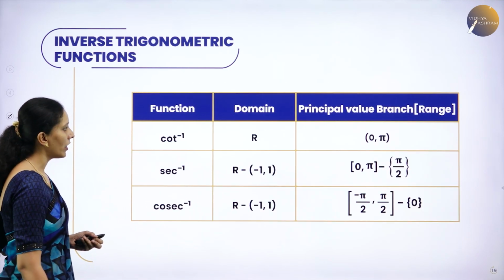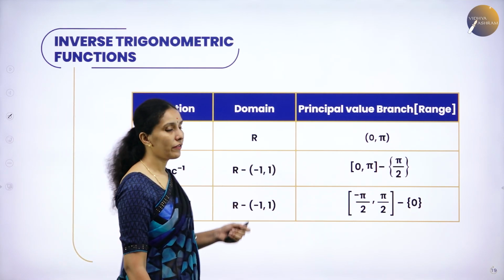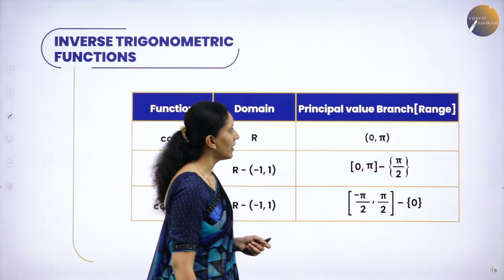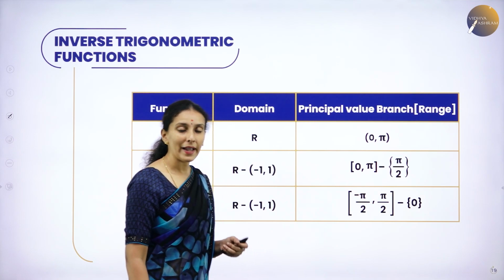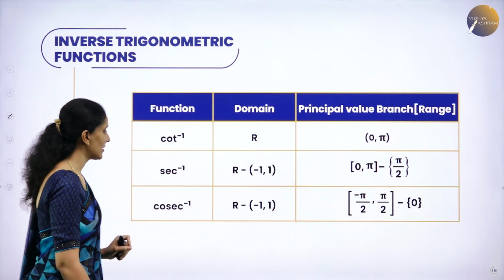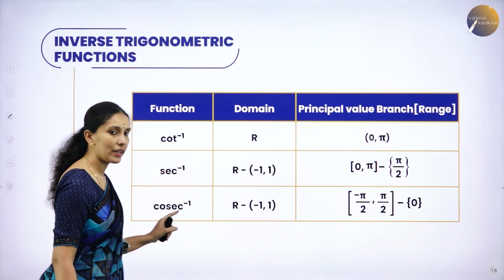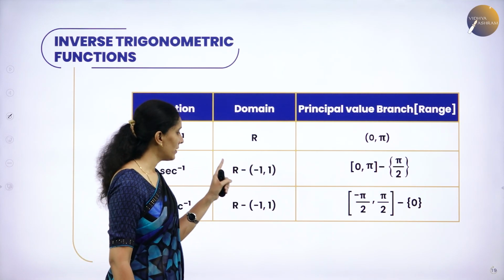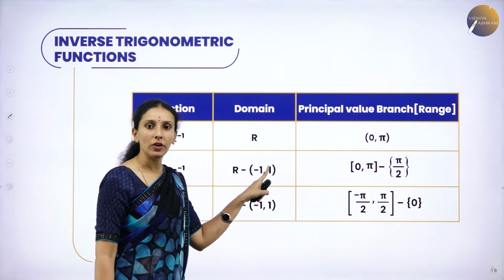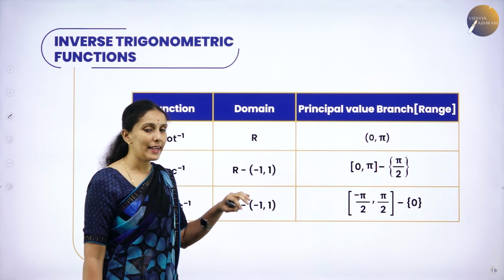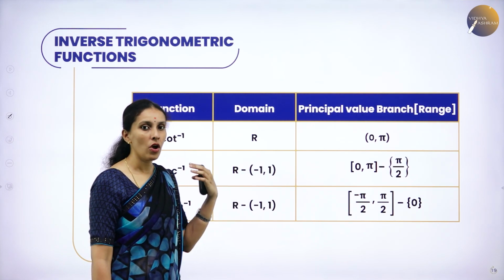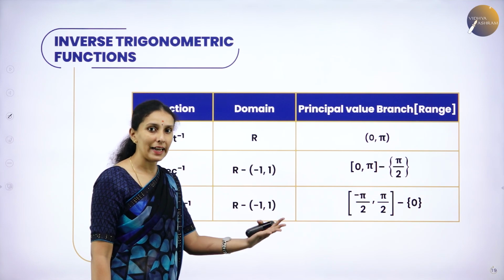Here you should take an open interval because it is -infinity to +infinity. Next, for cot inverse, it is the same: the domain of the function is R and the range is (0, pi) within open intervals. Secant inverse and cosecant inverse have the same domain, that is R minus (-1, 1), so x can take values less than -1 or values greater than 1.